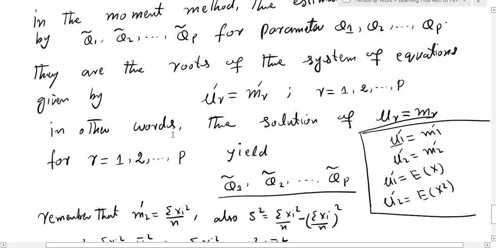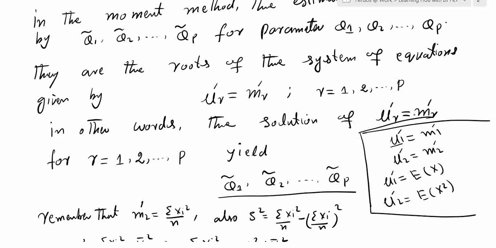In other words, the solution of mu r prime equal to m r prime for r equal to 1 up to p yields these estimated values.